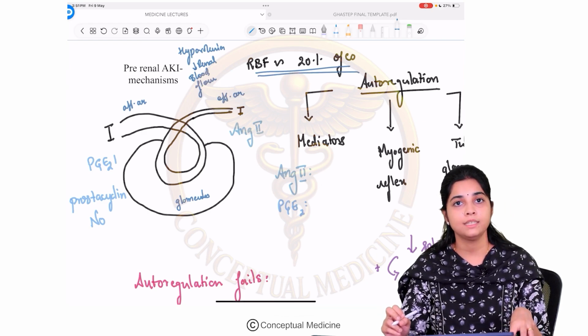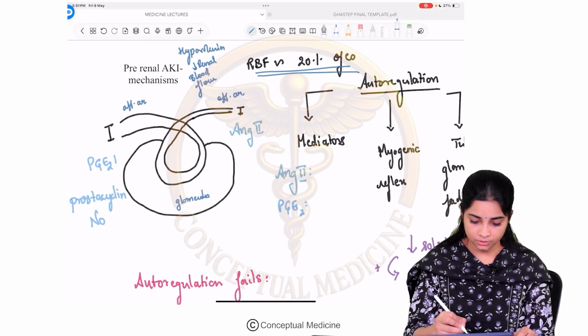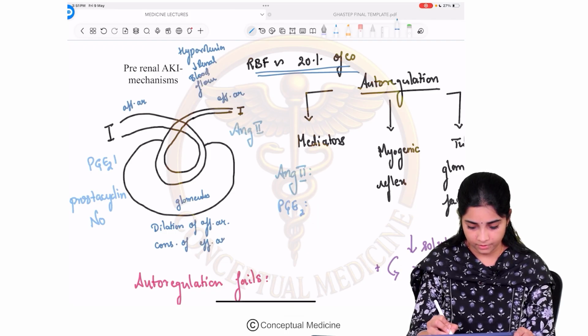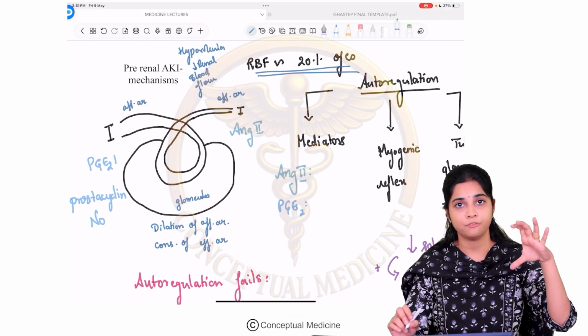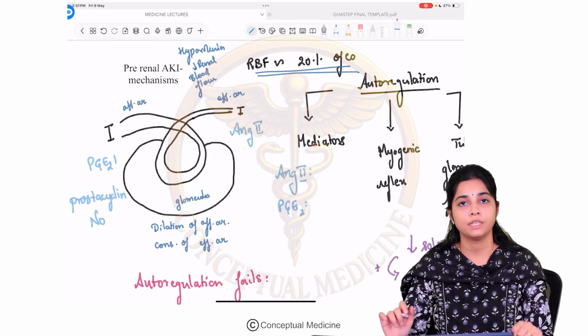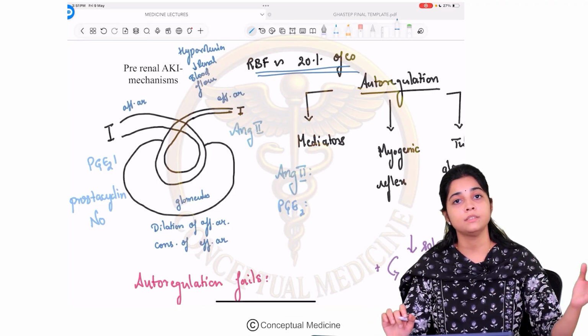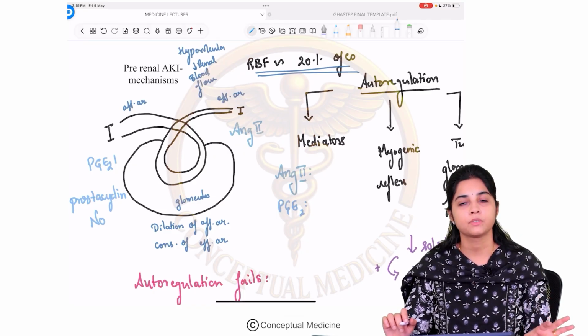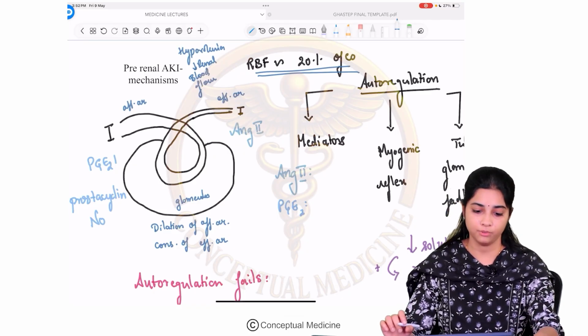So to maintain the renal blood flow, you require dilatation of the afferent arteriole and constriction of the efferent arteriole. This is required when the blood flows through the glomerulus, it then gets filtered out. So this helps in maintaining the renal blood flow, right?